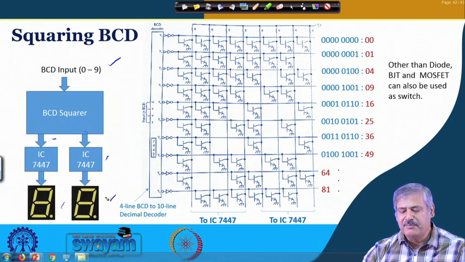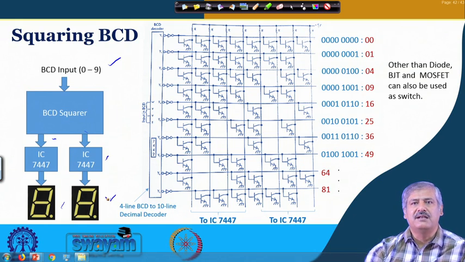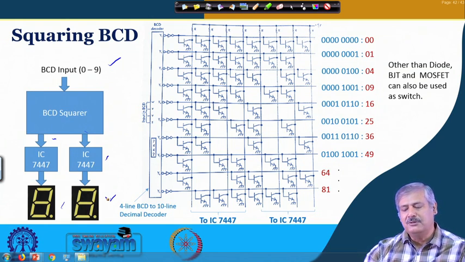In this example we show that the connection at the cross point is made through a transistor, a BJT, instead of a diode. That is also possible. It can be done through a MOSFET also.